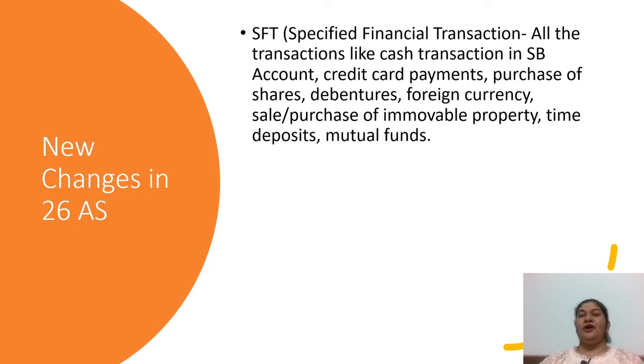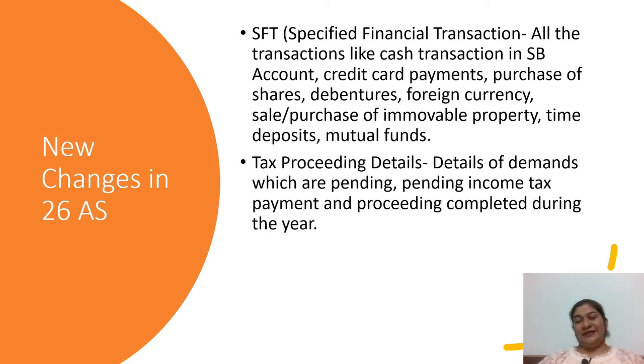For example, all your cash transactions through your savings bank account, through your current account, all your credit card payments, purchase of shares, debentures, foreign currency, sale and purchase of immovable property, your fixed deposits, your mutual funds. All these will be informed. There will be certain rules, there will be certain levels. If you are crossing those levels, all those transactions are going to be reflected through SFT.